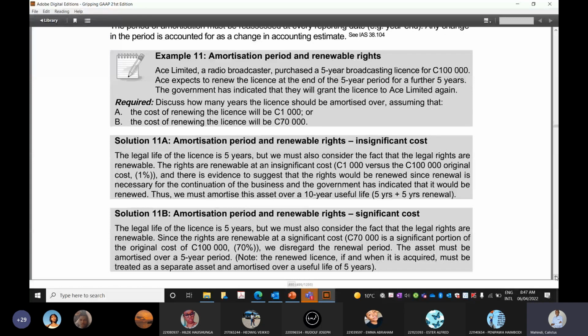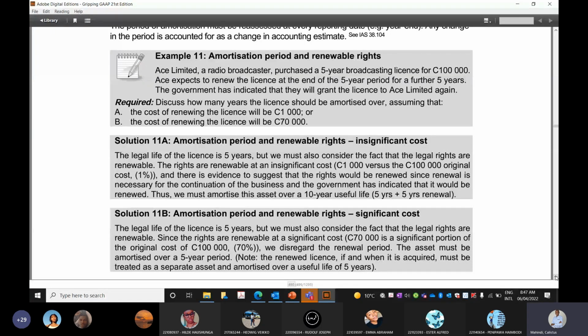We disregard the renewable period. The asset must be amortized over a 5-year period. The renewed license, if and when it is acquired, must be treated as a separate asset, and it must be amortized over a useful life of 5 years.